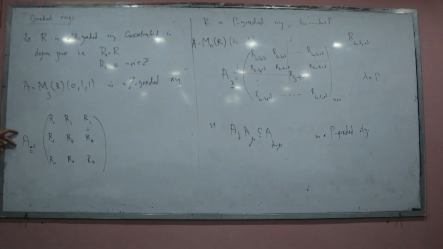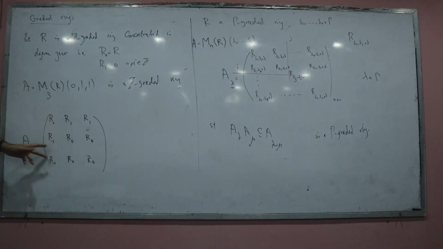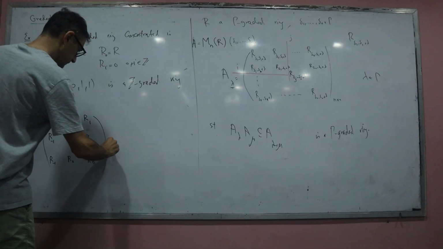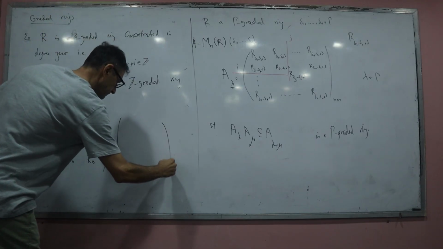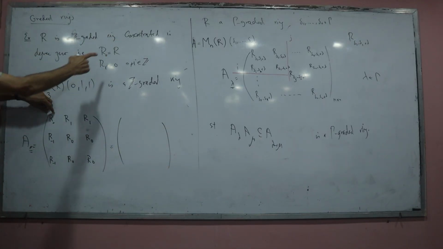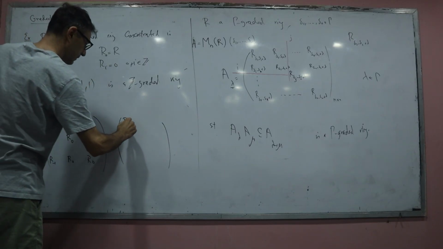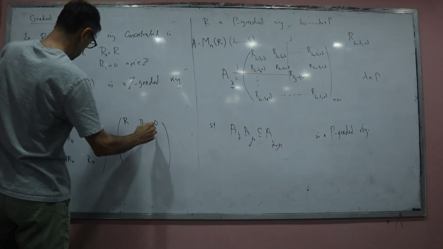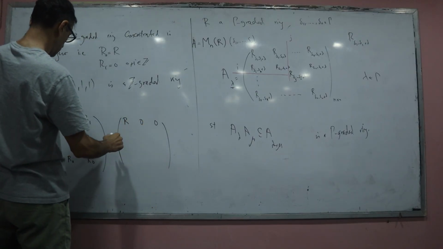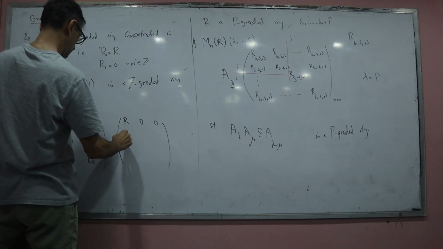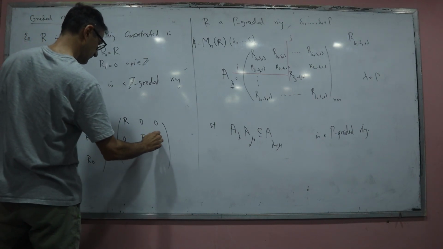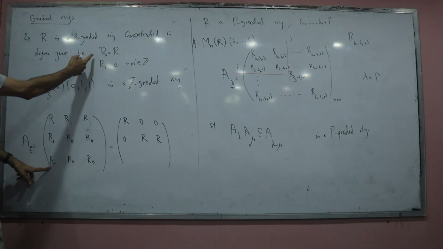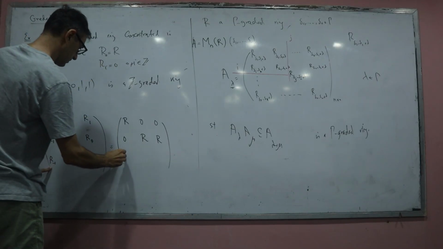Alright, so now I go back and I see what the values are here. R0 is the whole ring R, and R1 is 0. And R negative 1, again everything concentrated in 0.